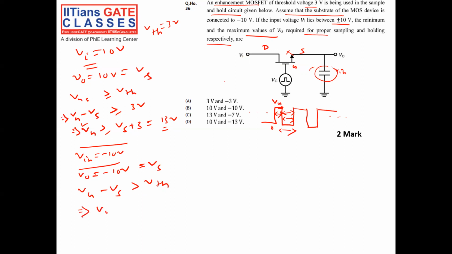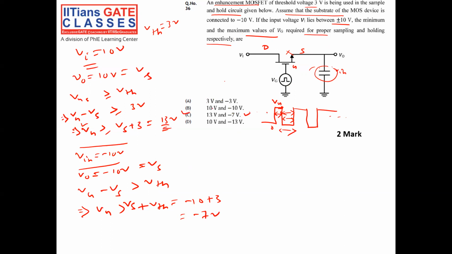This implies VG should be greater than or equal to VS plus VTH, which is minus 10 plus 3, equal to minus 7 volt. Okay, so for the sample and hold circuit to function properly, the minimum and maximum values of VG are minus 7 and plus 13.